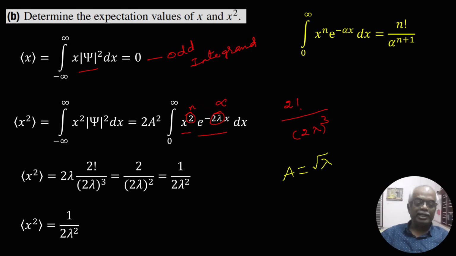So now you can cancel out this 2 lambda with this 2 lambda cubed, which will become 2 lambda squared. 2 factorial is 2 here. So 2 by 2 lambda whole square will become 4 lambda squared, so this will get cancelled. You will get 1 over 2 lambda squared. So expectation value of x squared is 1 over lambda squared.